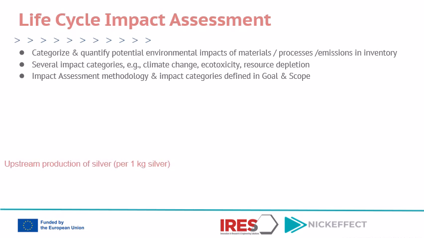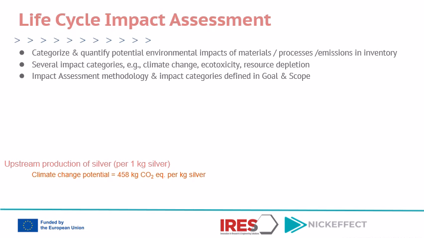So, for example, for the upstream production of the silver that we saw contained in the silver paste, per 1 kilogram of silver, during the impact assessment phase, we can get insights such as how much climate change potential it has. So in this case, for this silver product, that would be almost 460 kilograms of carbon dioxide equivalents per kilogram of silver.